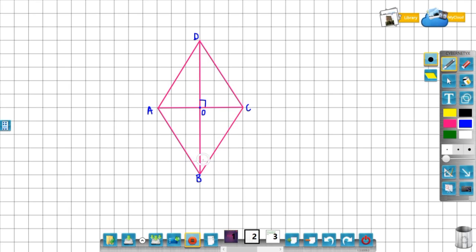And you can list out the properties of rhombus by using this rhombus. Measure their opposite angles and check whether opposite angles are equal or not. And check the measurement of diagonals.